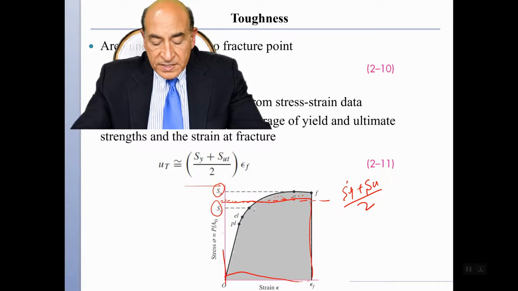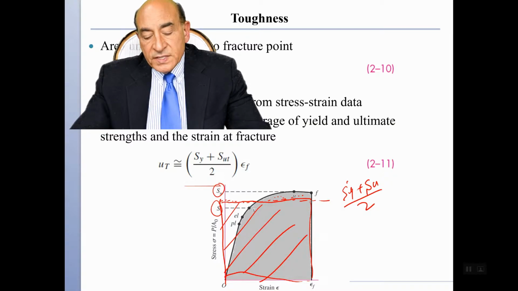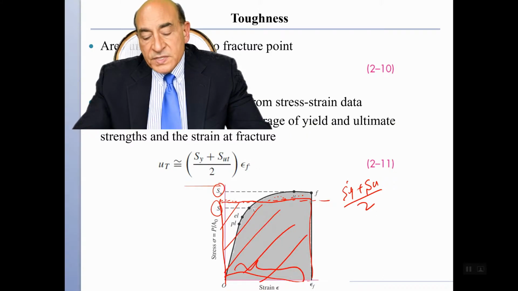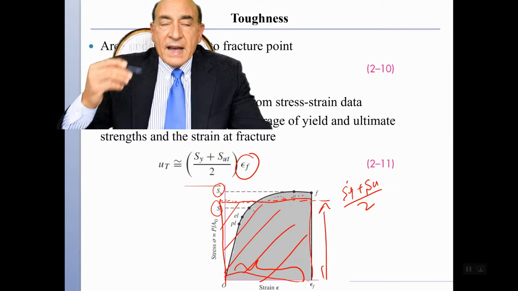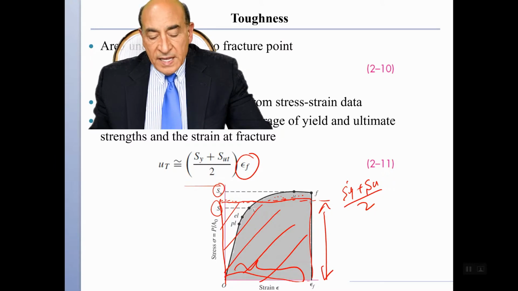And the area of this rectangle would be approximately equal to the modulus of toughness. And therefore the modulus of toughness is the base of the rectangle, epsilon F, times the height, and the height is the average between the yield strength of the material and the ultimate strength of the material.